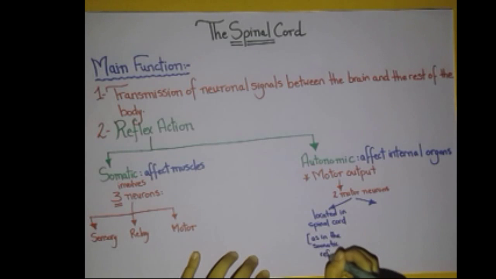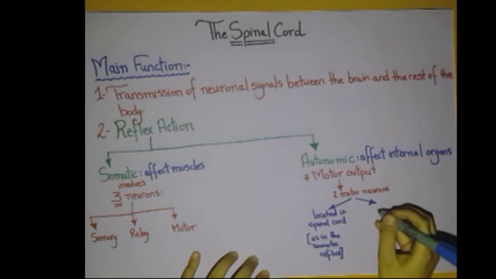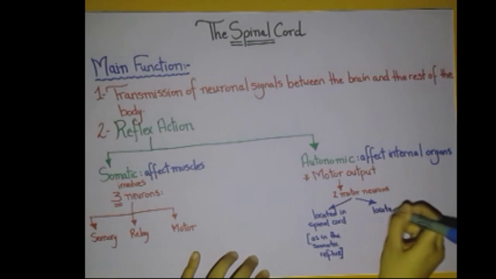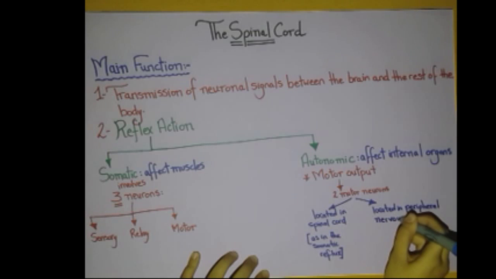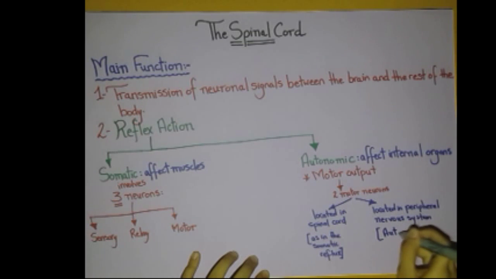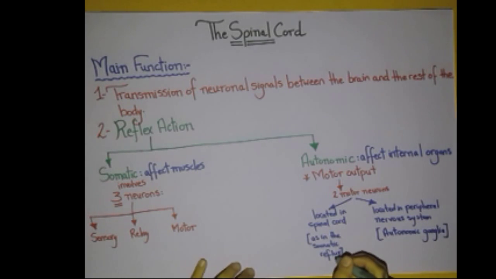It's very similar to the somatic reflex arc, except it involves two motor outputs. The two motor outputs result from the presence of two motor neurons. One motor neuron will be localized in the spinal cord, while the other will be localized in the peripheral nervous system, such as the sympathetic nervous system, for example.